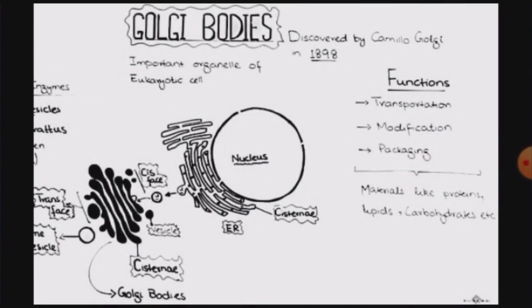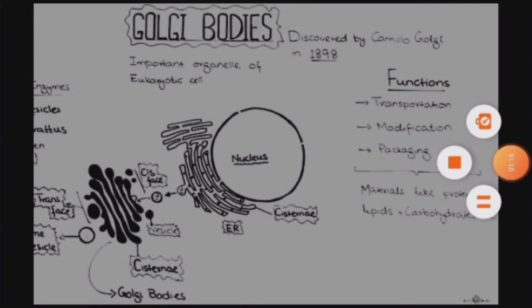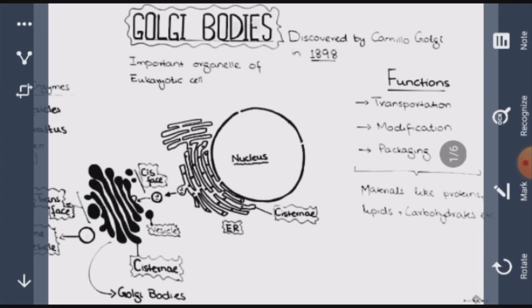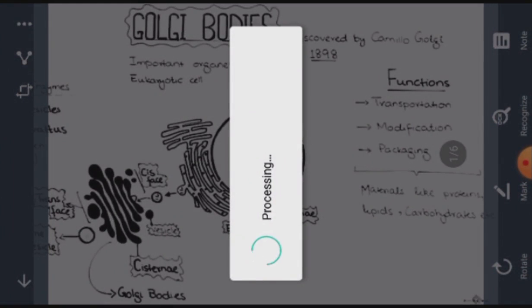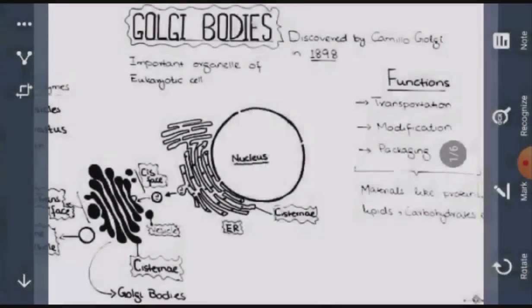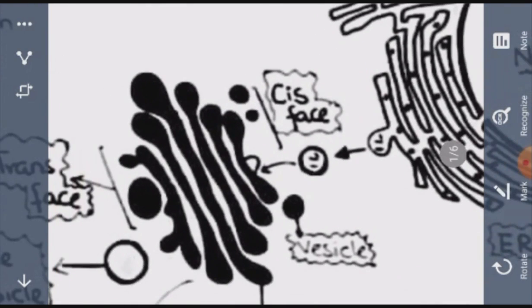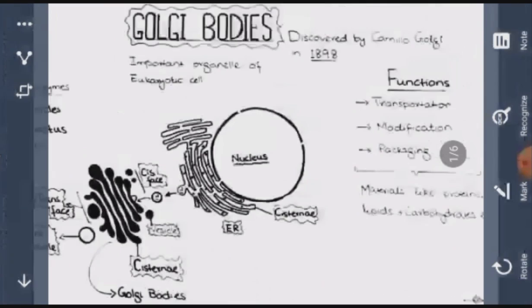Let me zoom in for you. This is the Golgi Bodies, marked in very dark black. These are the Golgi Bodies, however you pronounce it, it doesn't matter.